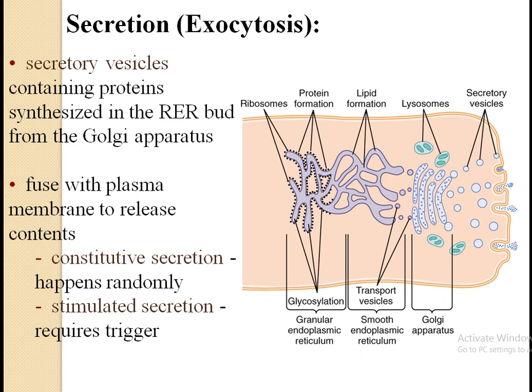The secretory vesicles containing proteins synthesized in the rough endoplasmic reticulum, but from the Golgi apparatus, as I have told you previously also, fuse with the plasma membrane to release the contents. You can see from here that these are the secretory vesicles.